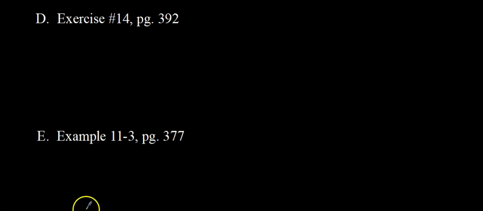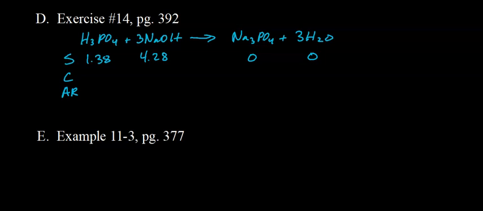All right, let's go ahead and try practice problem, or exercise rather, 14 on page 392. Go ahead and pause the video. All right, so let me show you a method kind of similar to what the book used. I call it the SCAR table. It's kind of like an ICE table, except we don't have an equilibrium system. S is how much you start with.